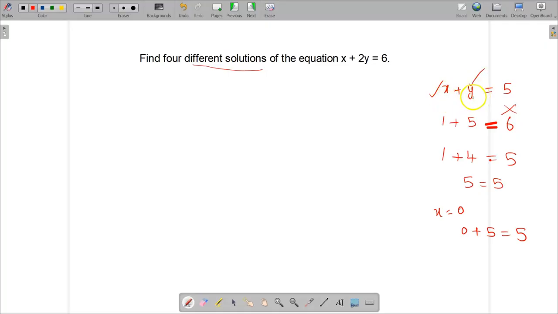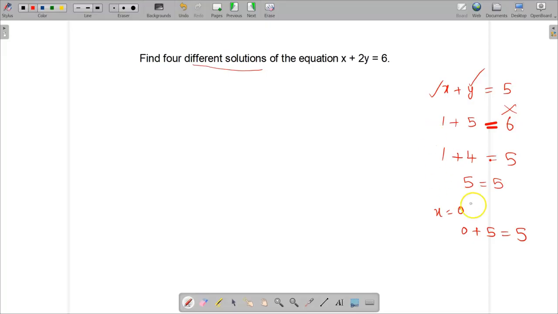When both values satisfy the right hand side, meaning the left hand side is equal to the right hand side, then I can say it is a solution. In that manner, for this equation I need to find four different solutions.